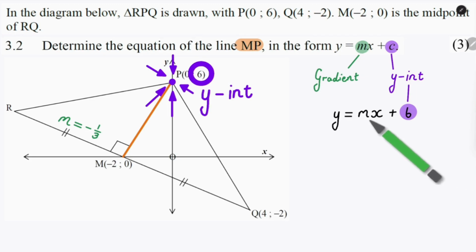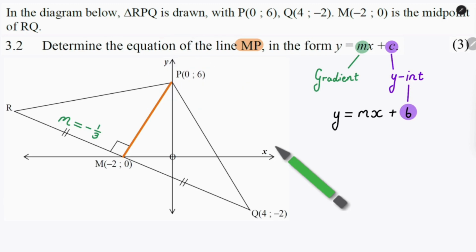Okay, now we need to get m. So how I can get m is I can use the gradient formula between these 2 points, or I can simply substitute a point in. I'm going to go the second route and substitute a point in. And choosing the point to sub in is a little bit tricky. We've already subbed this in by placing the 6 there, so we have to choose the coordinate M to sub in.